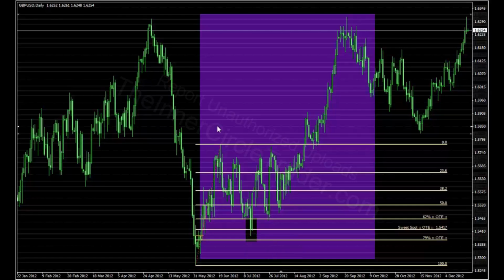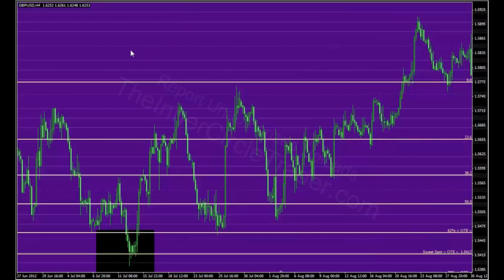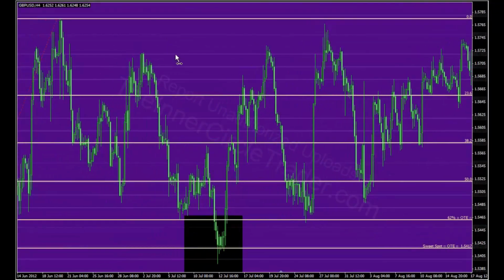So now let's drill into a 4-hour, which is the next chart that we utilize. Now we have that little area down in here. Now you're going to apply all the concepts we've already talked about. You see this low to this high in here?